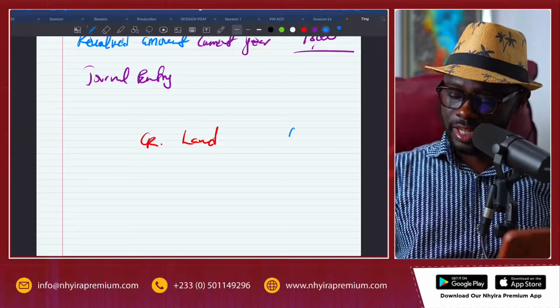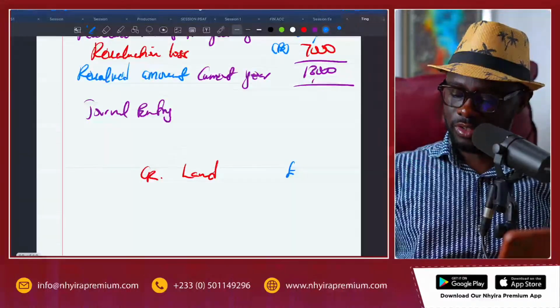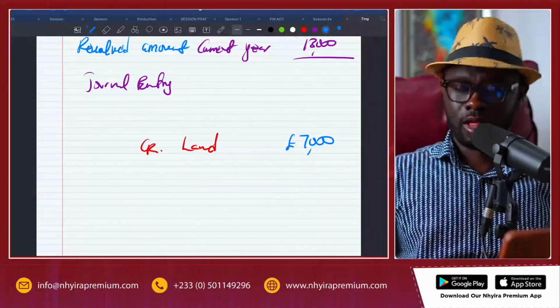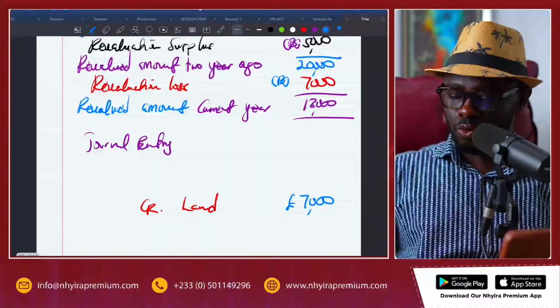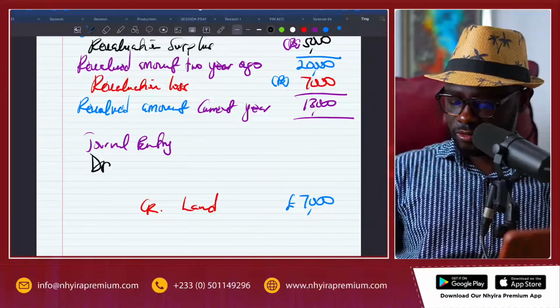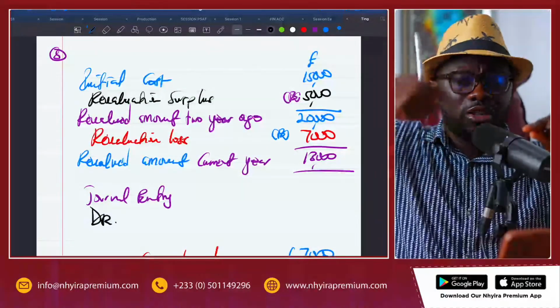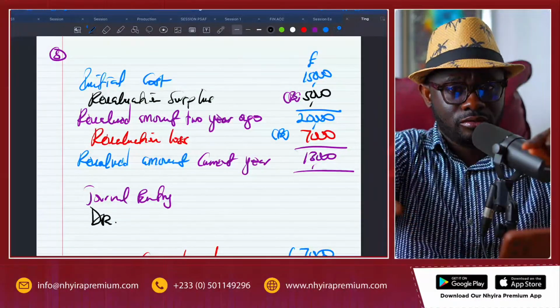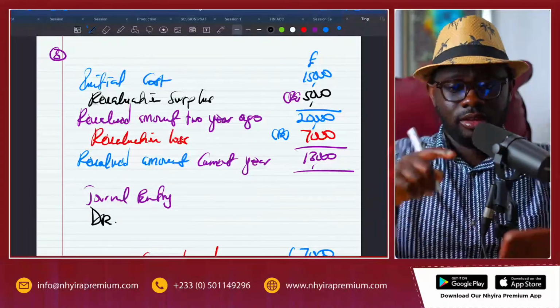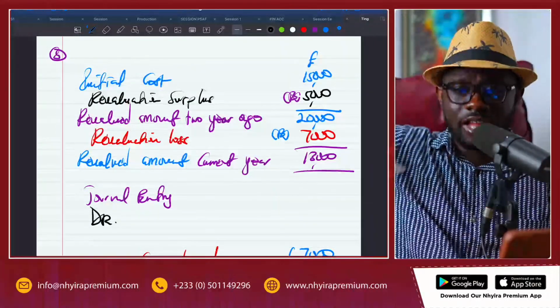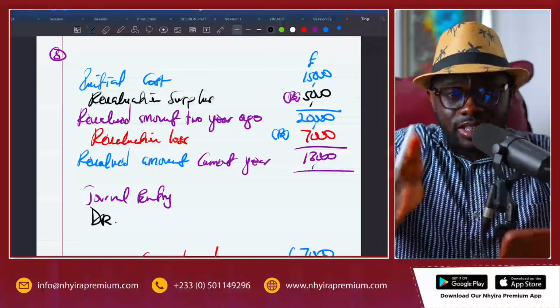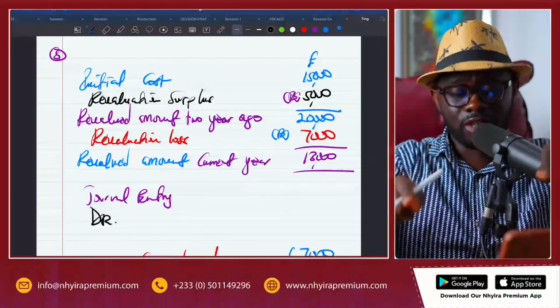So we credit the land with a loss of 7,000. But what do we debit? We have to debit the revaluation surplus account with the surplus that we had 2 years ago in respect of this same asset, the land, which is 5,000.